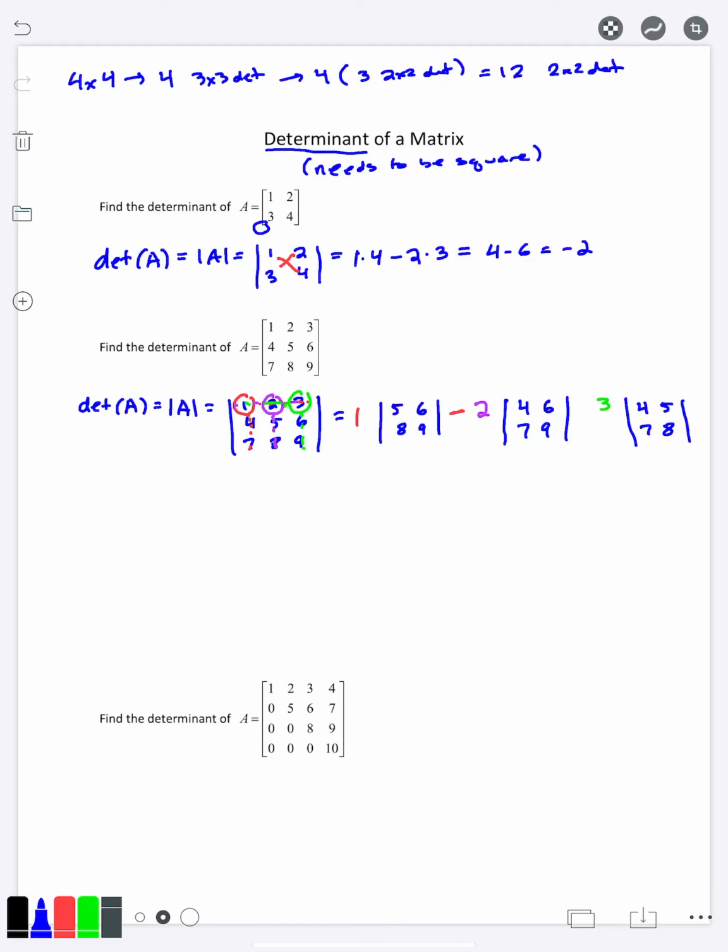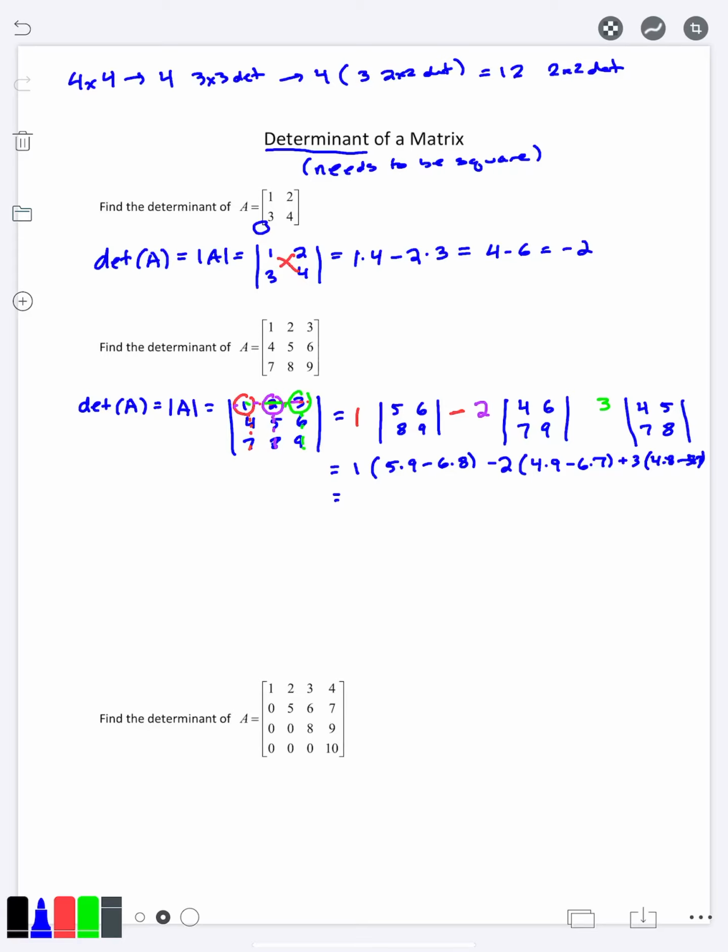However, we haven't finished this problem yet, so I would do 1 times 5 times 9 minus 6 times 8, minus 2 times 4 times 9 minus 6 times 7, plus 3 times 4 times 8 minus 7 times 5.